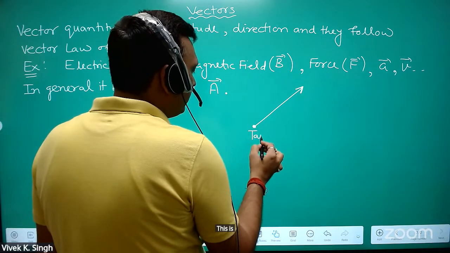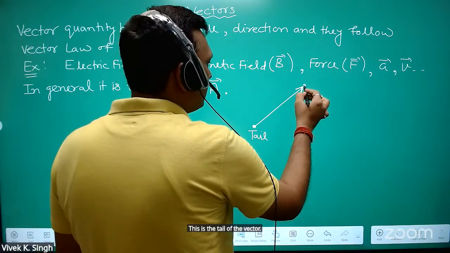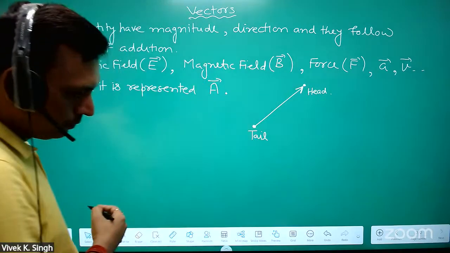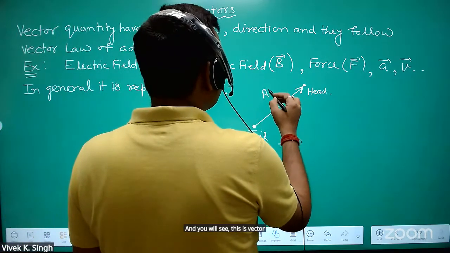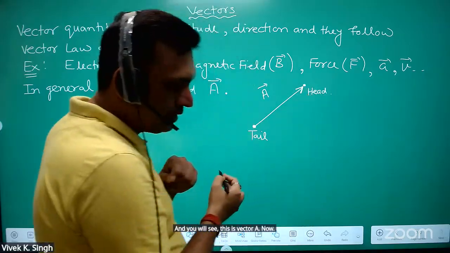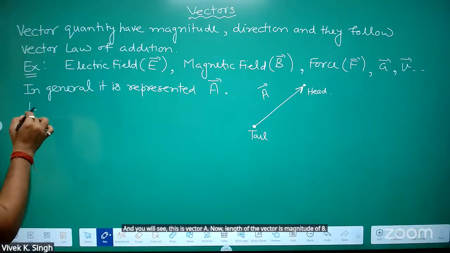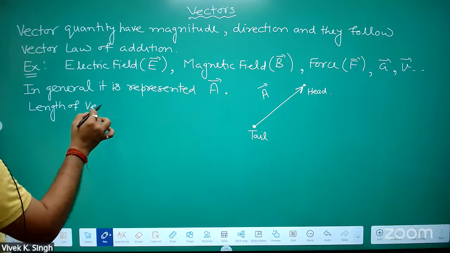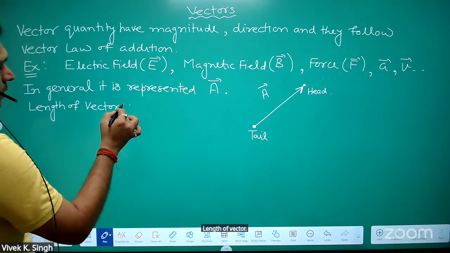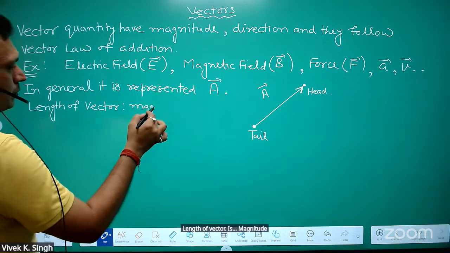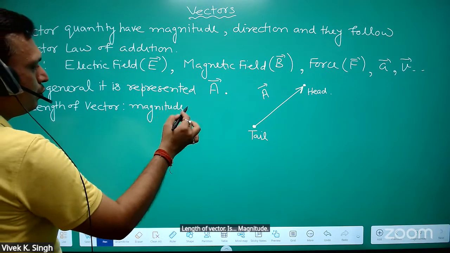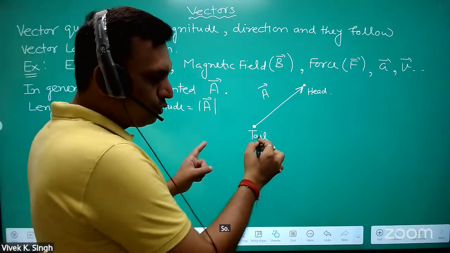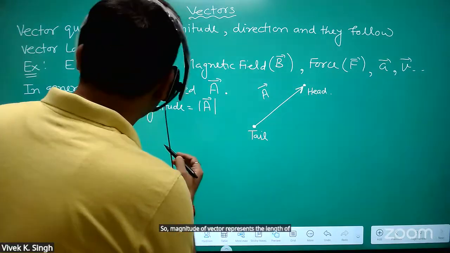This is the tail of the vector, and this is the head of the vector. This is vector A. Now, the length of the vector is the magnitude of A, and the magnitude is given by mod A. So the magnitude of a vector represents the length of the vector.